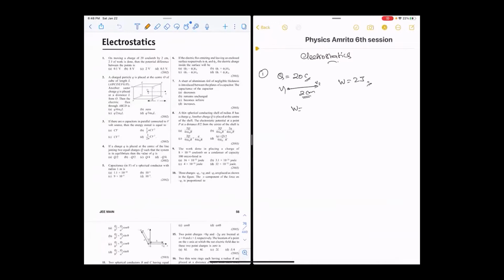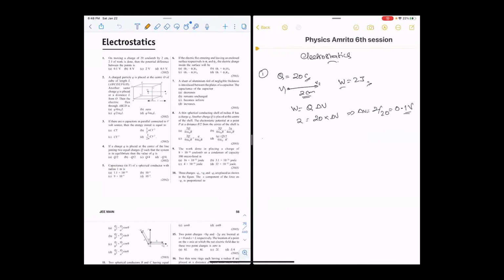Work done is equal to charge into change in potential, or we say potential is work done per unit charge. So work done is Q into delta V. Q is 20, work done is 2 joules, so delta V is equal to 2 by 20, which is 0.1 volts. This is the relation of potential and work done.